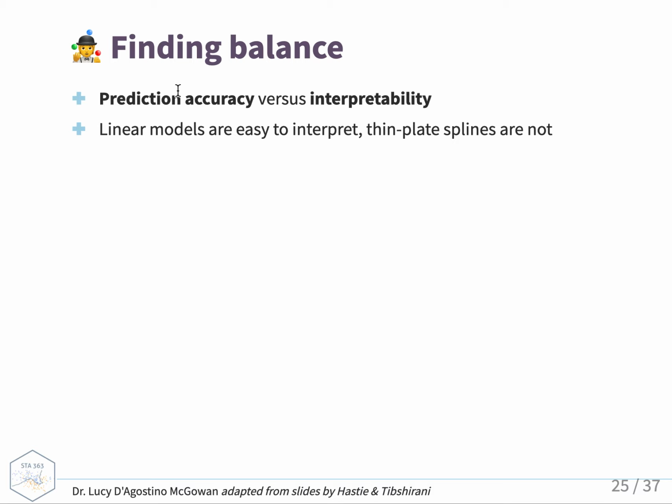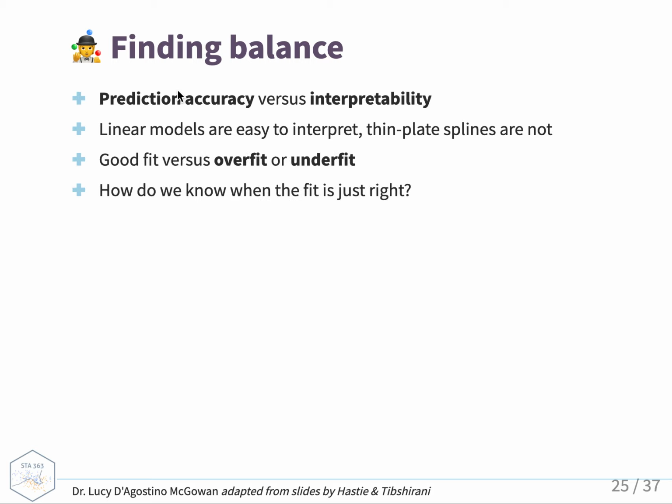And so the first type of balance that you're trying to find is between prediction accuracy versus interpretability. Linear models are very easy to interpret. Thin plate splines are not so much. And so you kind of want to strike the balance. And the other thing we're trying to strike a balance between is good fit versus overfit or underfit. We want to know basically when the fit is just right.